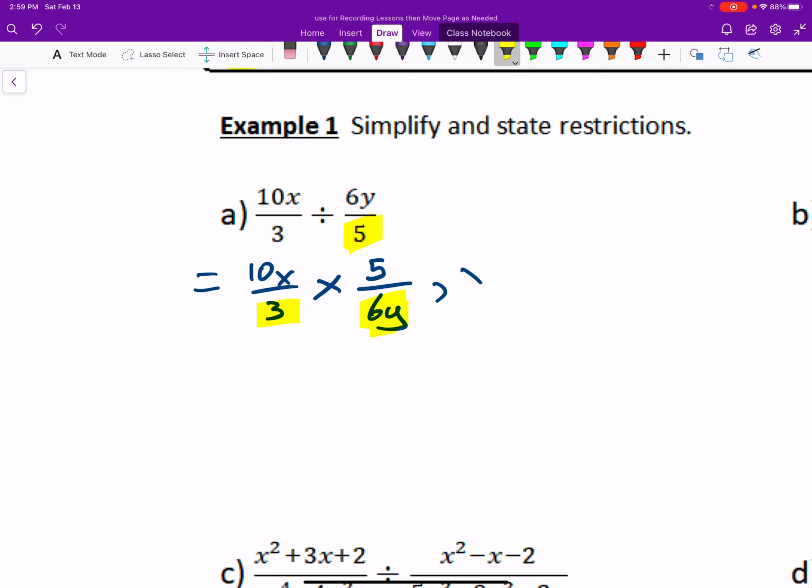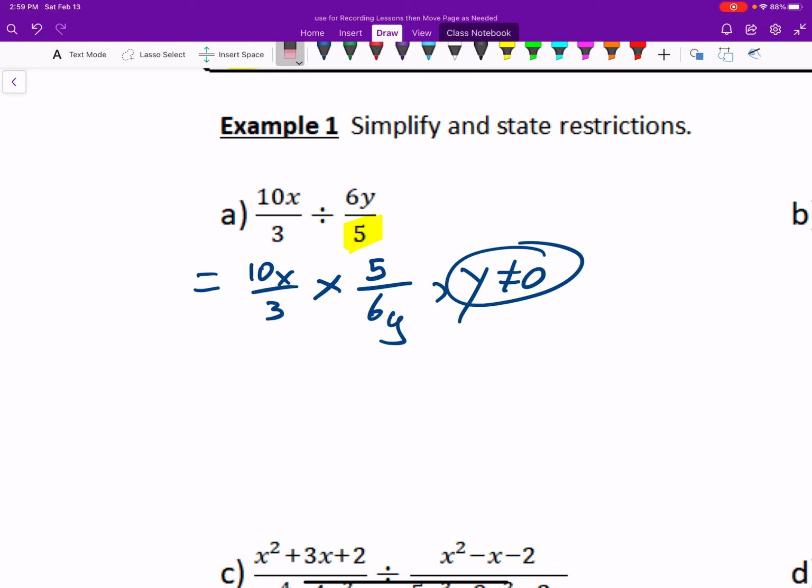The only thing that's going to give me a restriction is the 6y, isn't it? So from that, being a monomial, I know that if y equals 0, I'm going to have a problem because 6 times 0 would equal 0. I have division by 0. So my only restriction is that y can't equal 0.